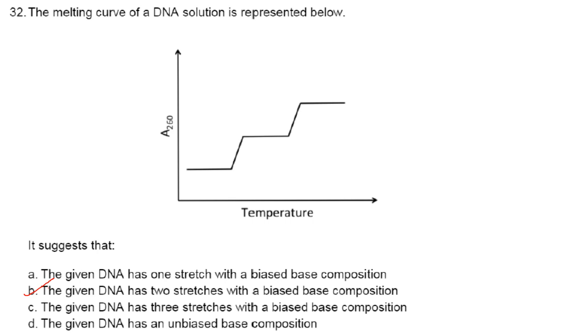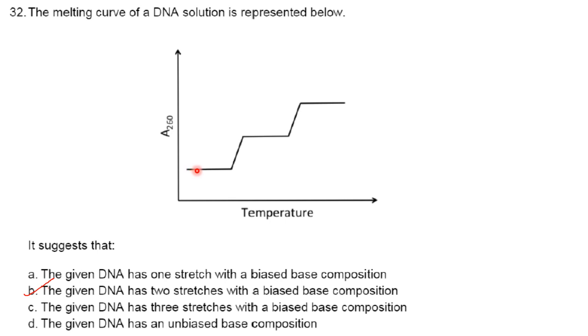Then next one. The melting curve of a DNA solution is represented below. It suggests that... So we can see from the graph that at the beginning point of temperature, there is some value for absorbance.